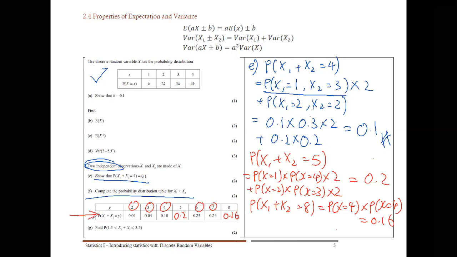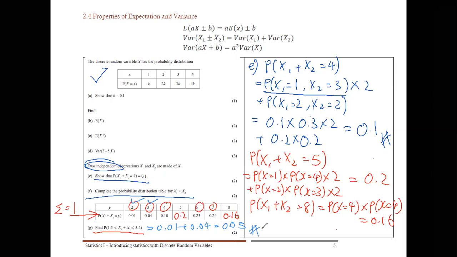The sum must give you 1. Next, find the probability of x1 plus x2 between 1.5 and 3.5. So the values that we need are 2 and 3. So the answer, very simple, is 0.01 plus 0.04, which is 0.05.